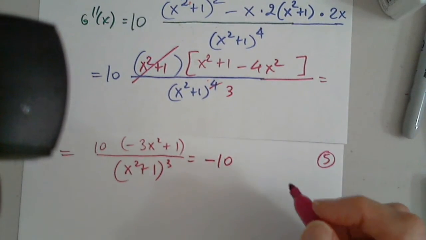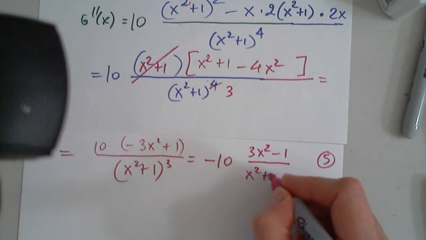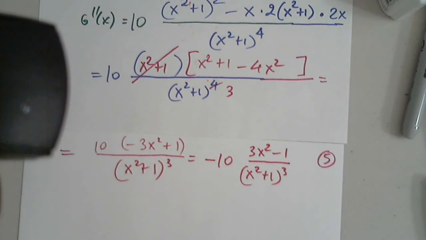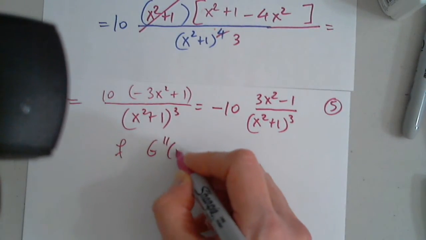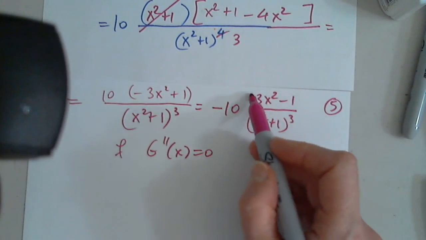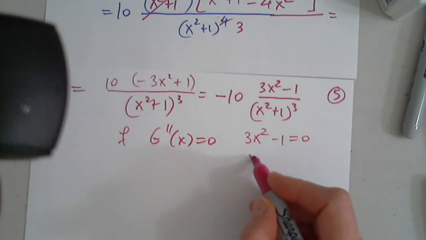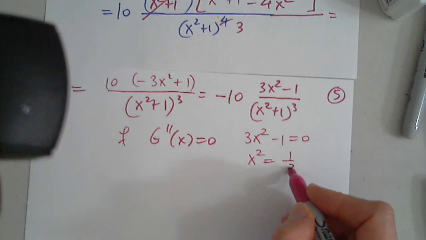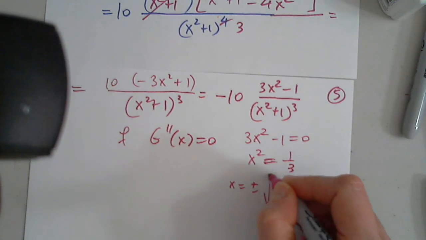I will factor out negative 1, and I have 3x squared minus 1 over x squared plus 1 to the third. This is ugly, because when I set g double prime equal to 0, I have to set 3x squared minus 1 equal to 0, or x squared equals 1/3, or x is plus or minus the square root of 1/3.